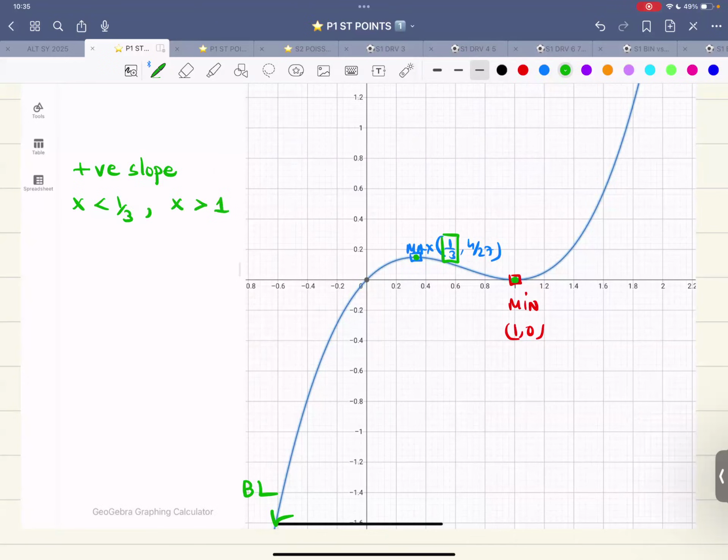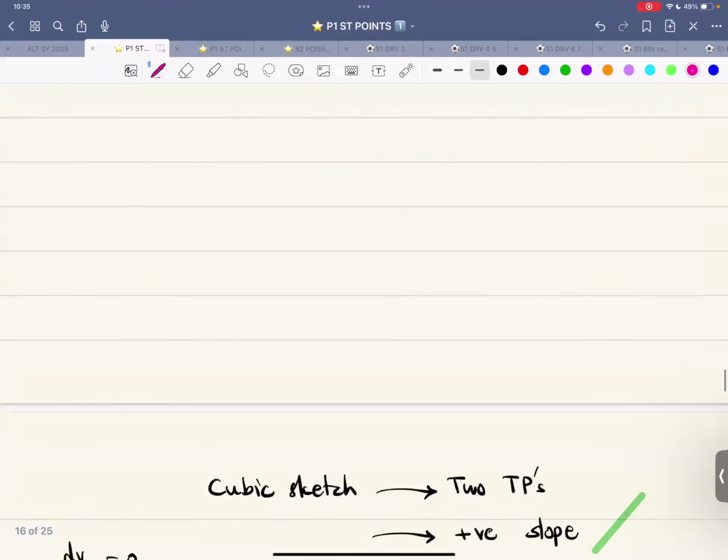This is positive slope. If I talk about negative slope, then that is this portion of the graph right over here between these two turning points. So x lies between the two turning points, 1/3 and 1. Okay, so this is all good, all clear.